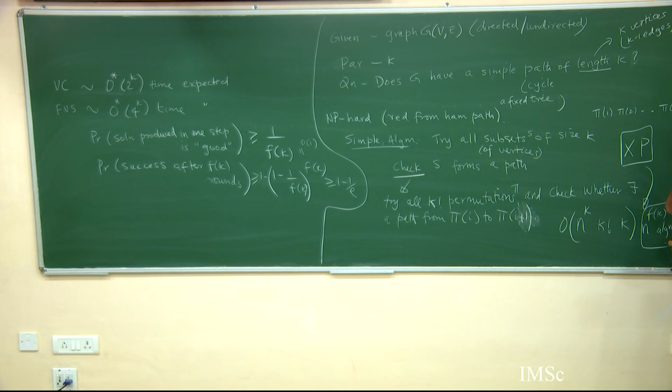Okay, so now what we want is this problem FPT, right? Fixed parameter tractable. Is there an algorithm of running time f of k times polynomial in n?